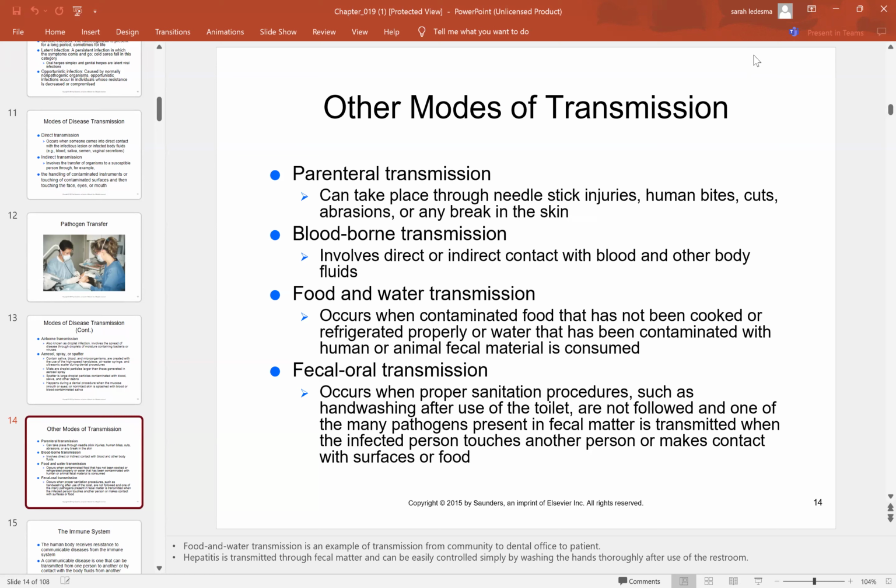Fecal-oral transmission occurs when proper sanitation procedures, such as hand washing after the use of the toilet, are not followed, and one of many pathogens present in the fecal matter is transmitted when the infected person touches another person or makes contact with surfaces or food.